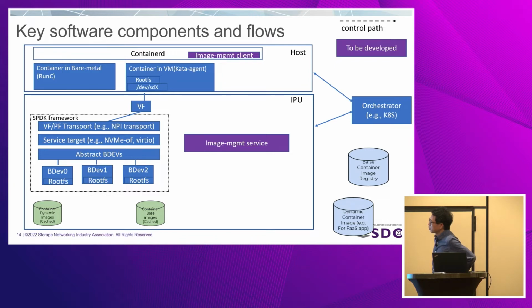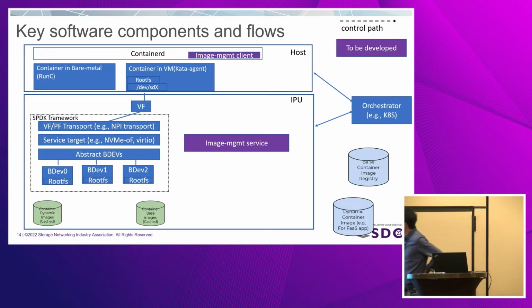If you have a secure container, for example, Kata container, which basically runs container in the VM, you can use the Kata agent to manage the container's life cycle. So different environments. But in the IPU, as my previous presentation explained, has all the SPDK software stack, support BDEVs, and on top of that, it can expose BDEVs onto different device interface, like NVMe PF, VF, or Vector block device interface, right?